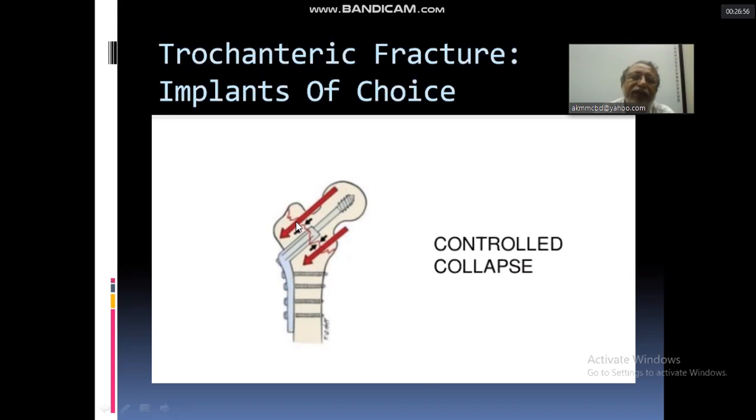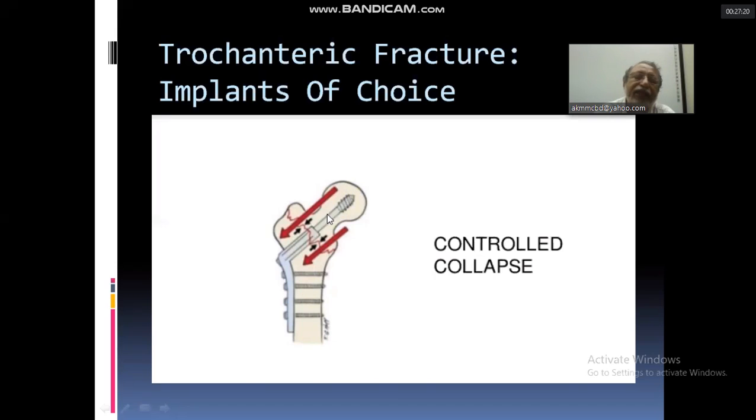So this is the fracture line, and during the healing process, some resorption occurs in this fracture line. And when there is a fracture line, as we encourage the patient to walk with partial weight bearing, there will be impaction. This is the movement of the proximal part of the bone.